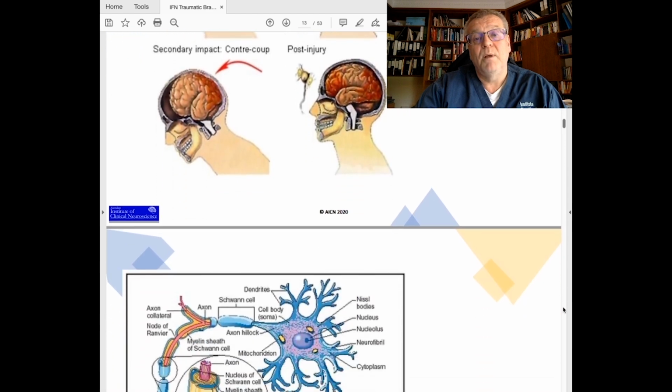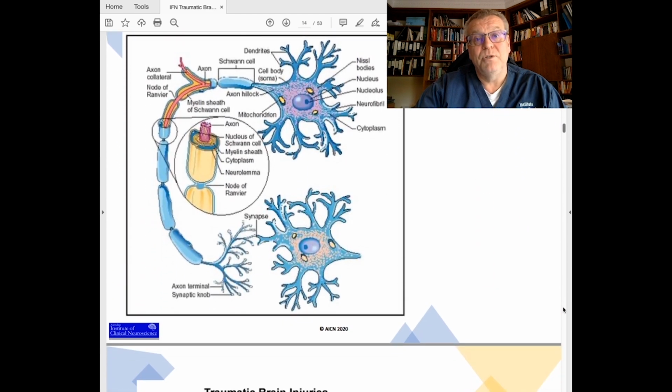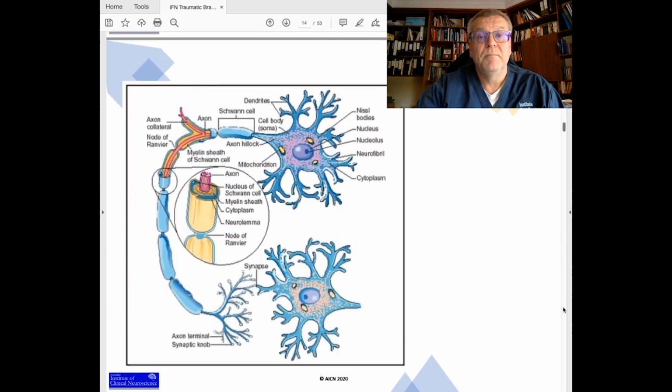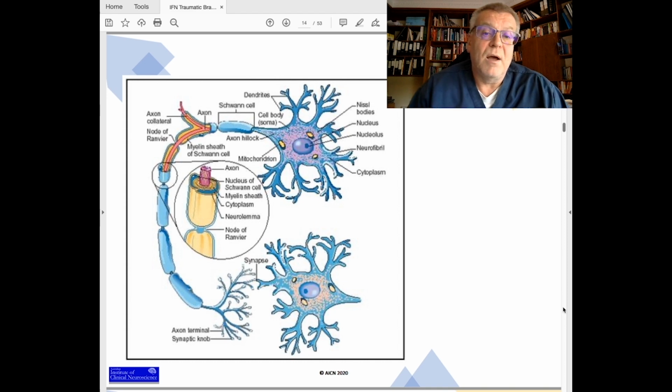Now, I also want to bring up the synaptic issue. So this is a diagram of two neurons, and the neuron on the top is connecting to the neuron on the bottom at these tiny little synapses, and it's connecting through an axon, which is the blue little balloon type drawings, which have the orange axon inside them.